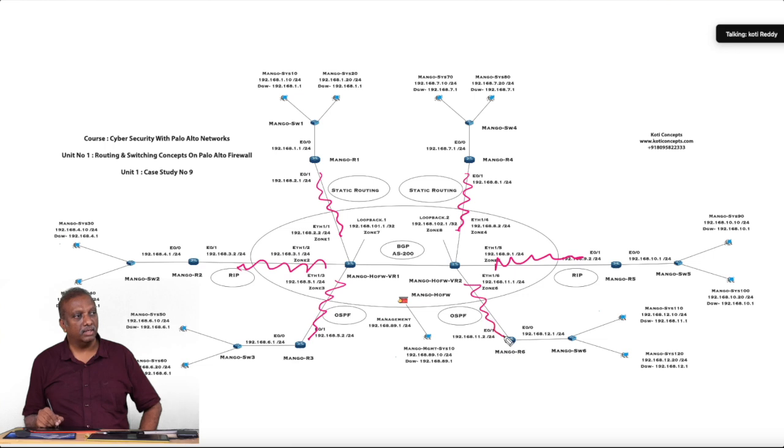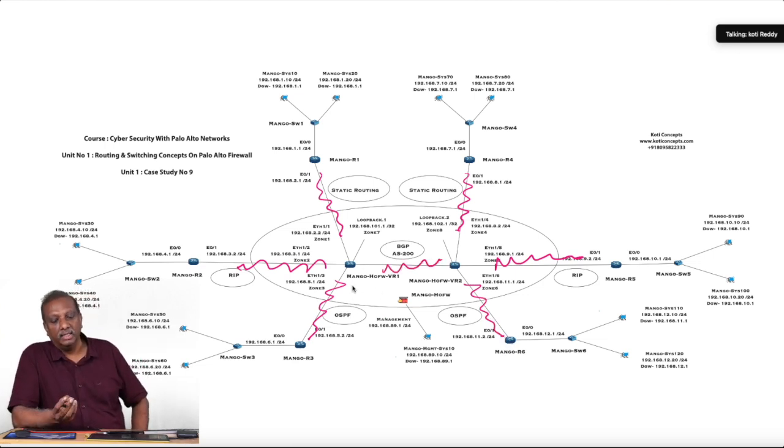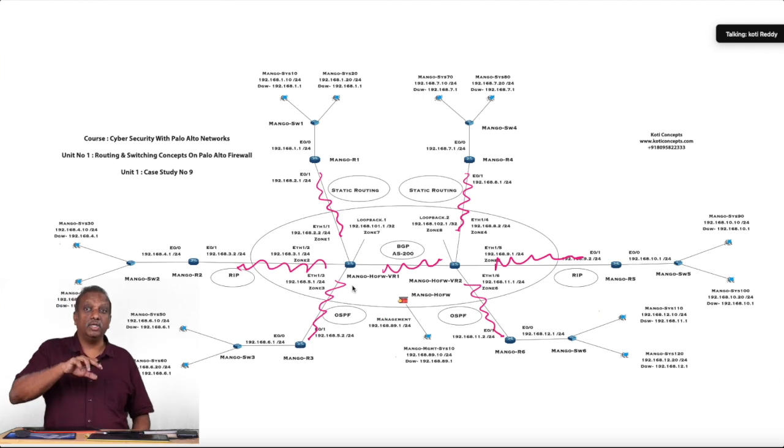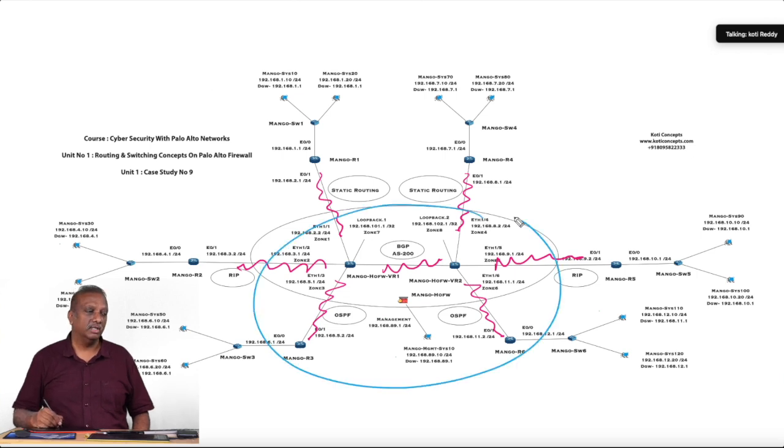In these two again, BGP, right? So we configure static routing, RIP, OSPF, BGP, all in one go on the virtual routers in the same firewall. If you see here, there is only one firewall box. The same firewall box has VR1 virtual router, VR2 virtual router. Between them we are trying to do routing, right?